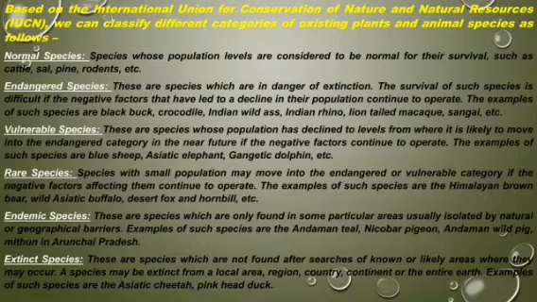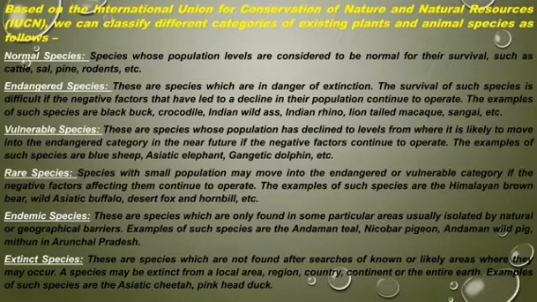Same, if we do not take positive measures to protect them, they will enter first the endangered species, then the extinct species. Some examples here are blue sheep, Asiatic elephant, Gangetic dolphin.